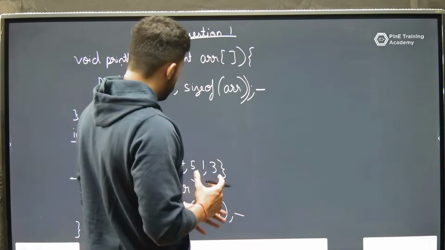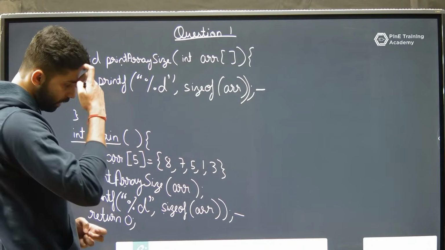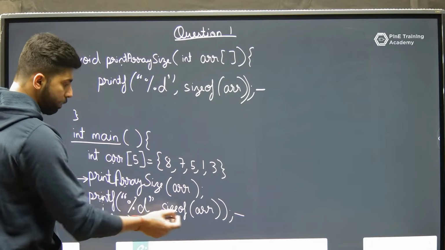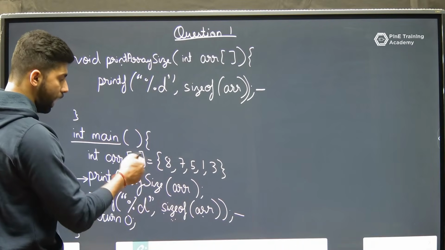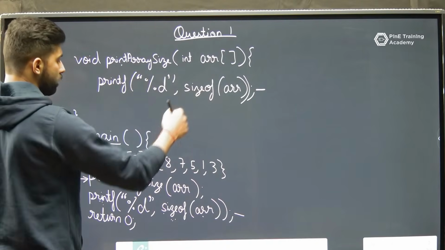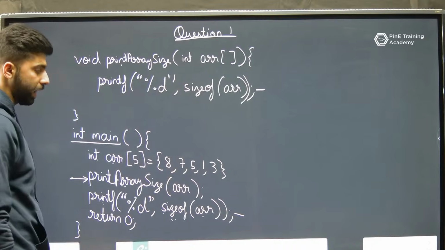Okay, so we have two print statements, right? In one statement, we are printing the size of the array where the array was created, and in the other location, we are printing the size of the array where the array was not created, but we have passed the array.